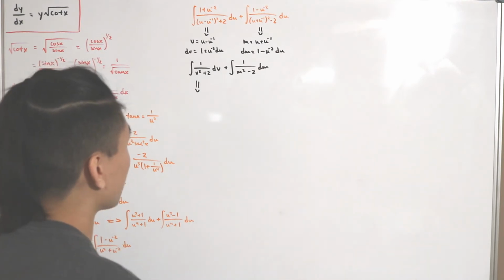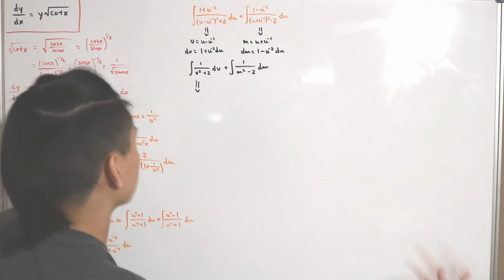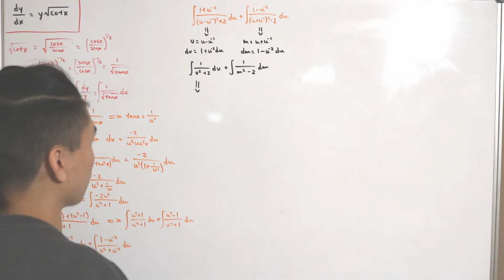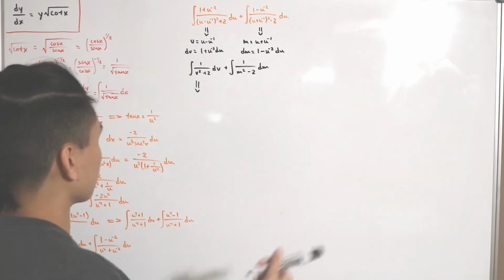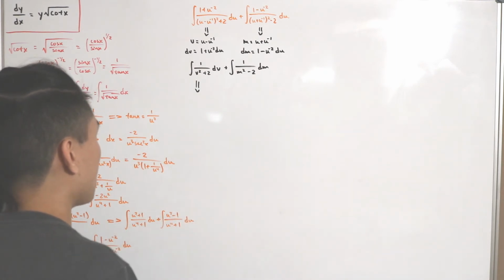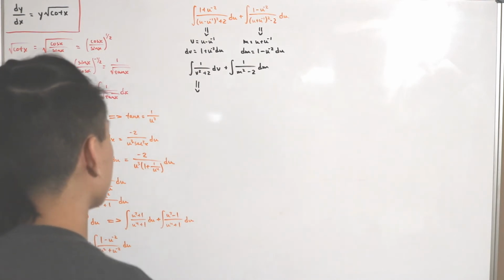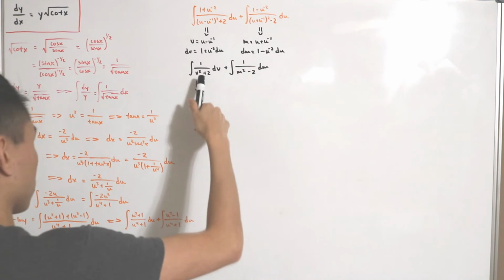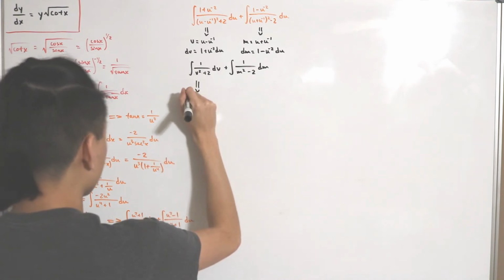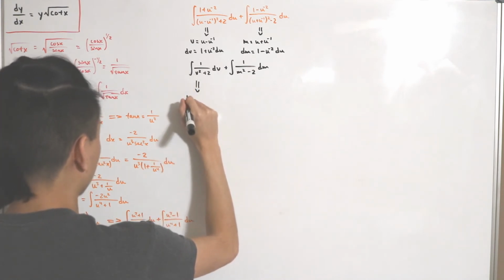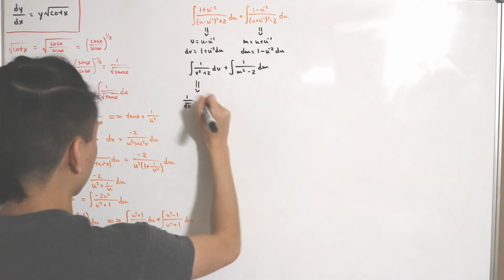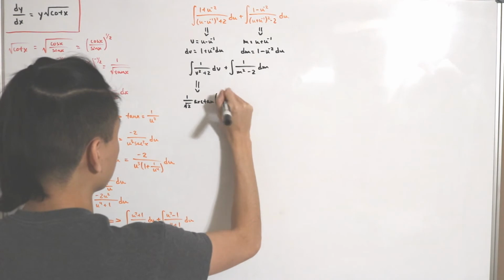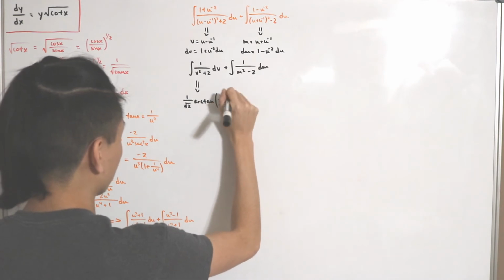So 1 divided by v squared plus a squared, where a squared is equal to 2, so that means a is equal to the square root of 2. Its general form for finding its antiderivative is 1 divided by a multiplied by arctangent of v divided by a. So this means this integral over here is supposed to be 1 divided by the square root of 2 multiplied by the arctangent of v divided by the square root of 2.